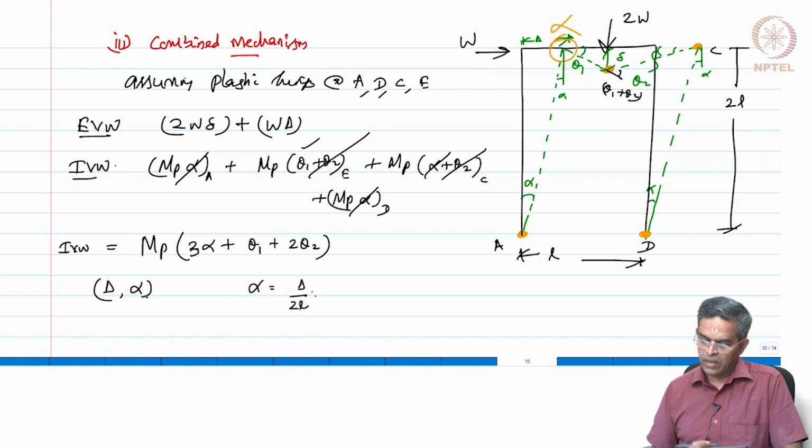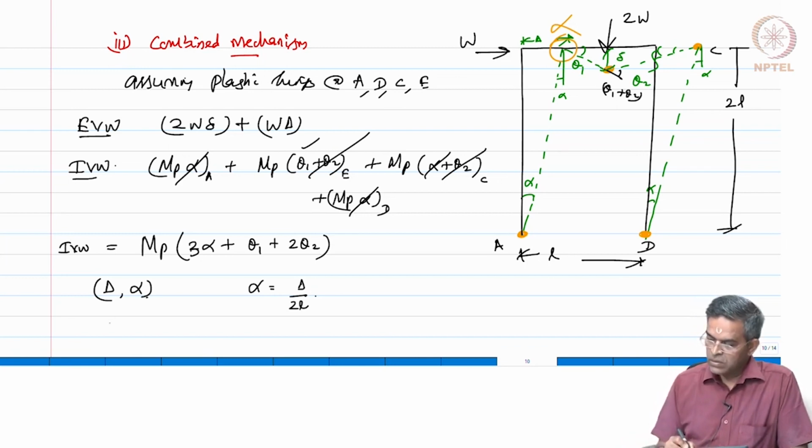Okay. So, I can replace alpha in terms of delta. Let us also find out the relationship between theta 1, theta 2 and del.